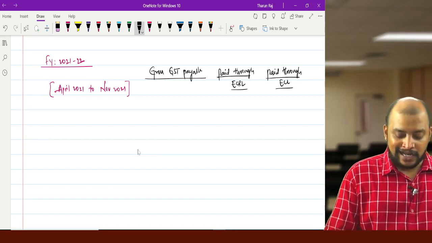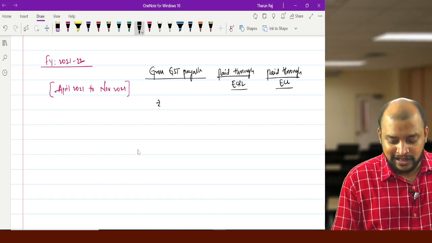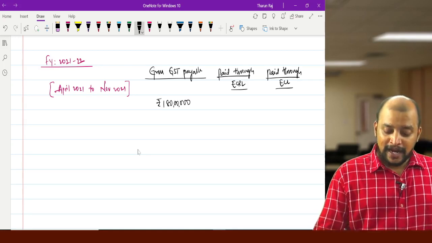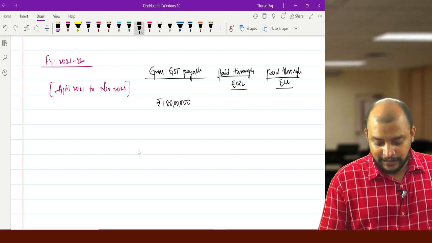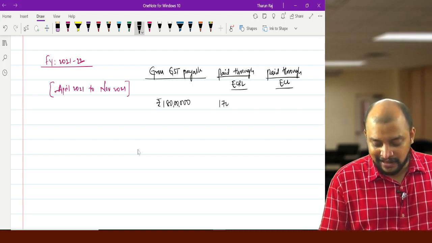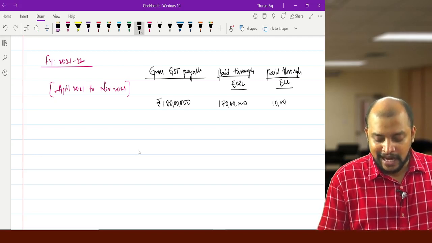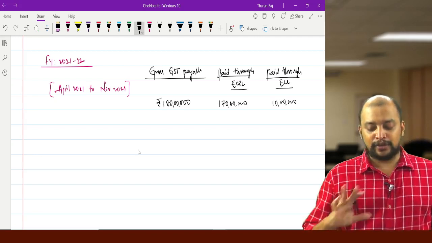So what is that liability? Say the gross GST payable is somewhere 180 lakhs. 180 lakhs is the gross liability. Paid through credit ledger is 170 lakhs, and 10 lakhs is paid through cash ledger.